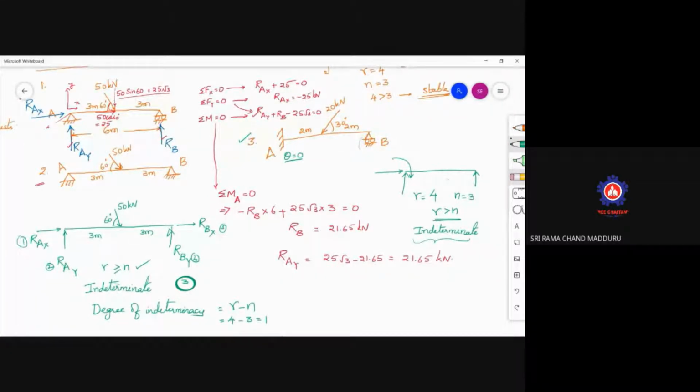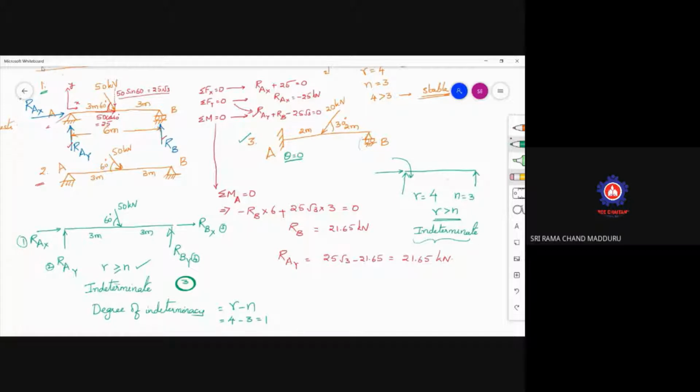Am I clear to you? Shall I repeat once again whatever I have said? So here, in the first problem, simply with your strength of materials concept, with the help of equations of equilibrium, you are able to calculate the reactions, whereas the structure has become indeterminate according to the type of the support.